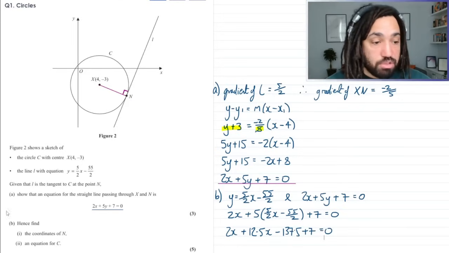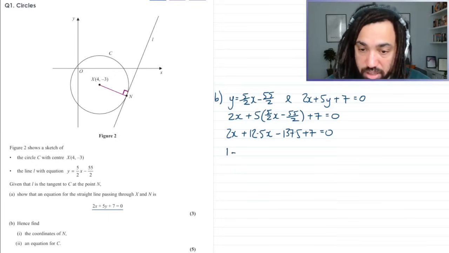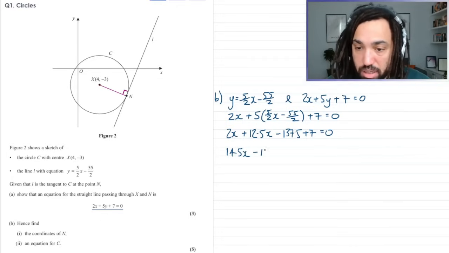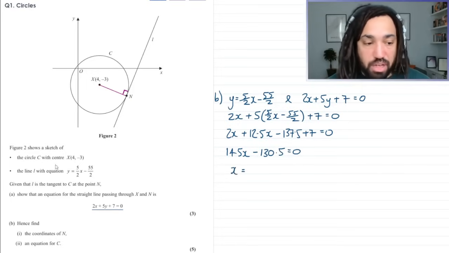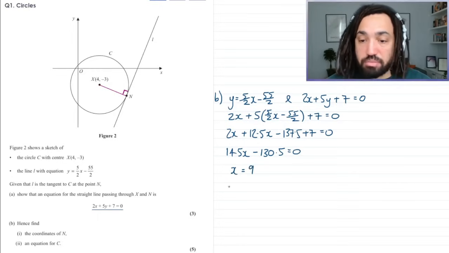Okay, so we're going to simplify this up. We're going to get 14.5x, and this will be minus 130.5 equals 0. So we can solve here for x, and we get x is equal to 9.